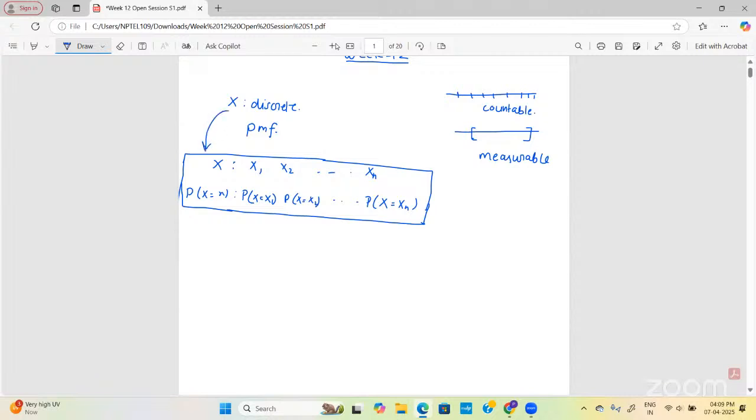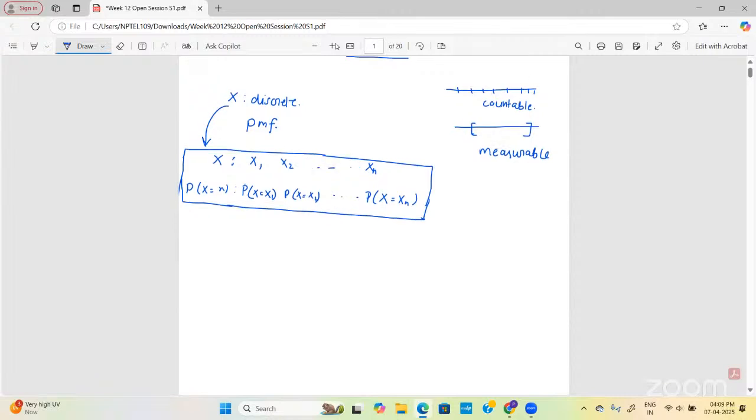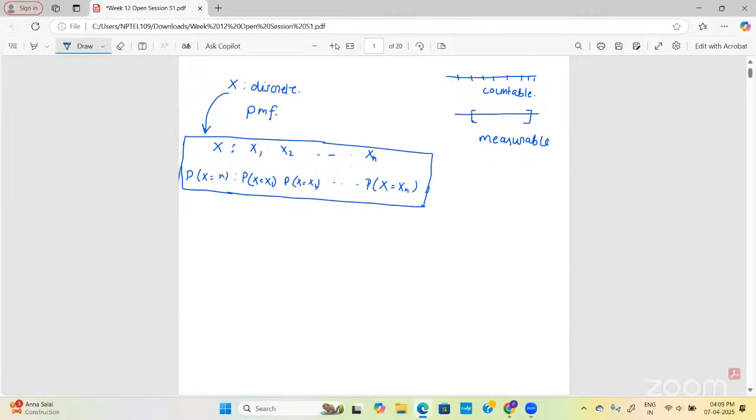In the discrete case, whatever values x takes, we have to find the probability for each possible outcome. We can write the PMF in this form, or we can write it as a function of x also. So this is for a discrete random variable.